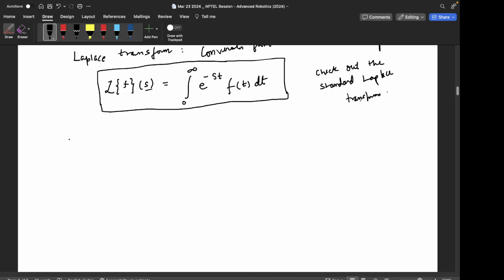What we will be concerned with are a few small formulae. First is the Laplace transform of the differential of, let's say, y.